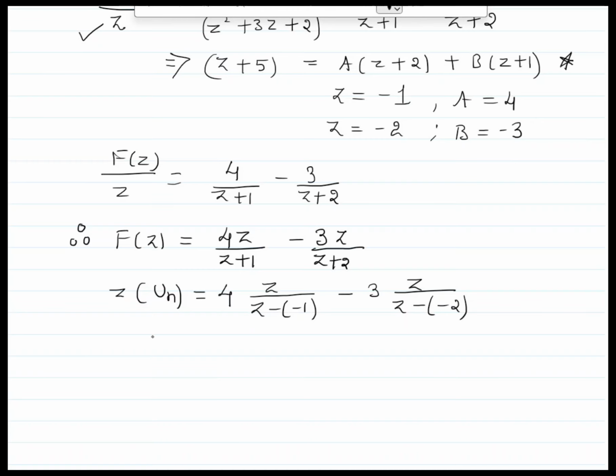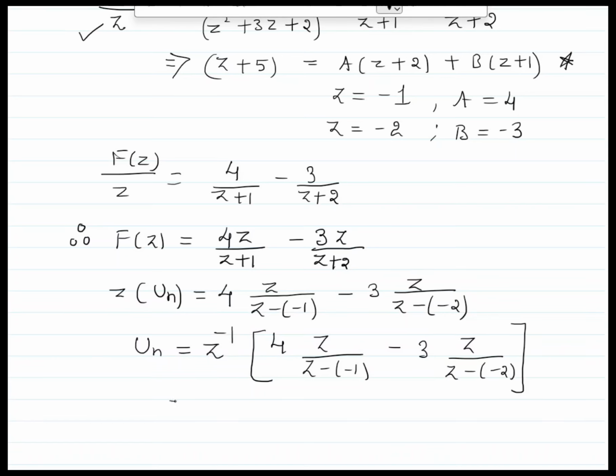To solve for u_n, we write the Z inverse of the expression we have written here: 4 z upon z plus 1 minus 3 times z upon z plus 2. Taking the Z inverse transform, we take 4 outside as a constant, and the Z inverse of this is minus 1 to the power n.